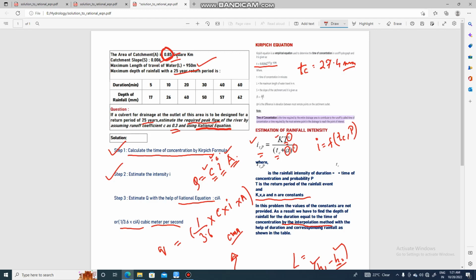And I is a function of this time of concentration and probability P. All of you know that P is actually nothing but 1 by T. So naturally, the rainfall intensity I is proportional to return period T, and inversely proportional to probability, as P equals 1 by T. Correct? So T will be equal to 1 by P and P will come in the denominator.